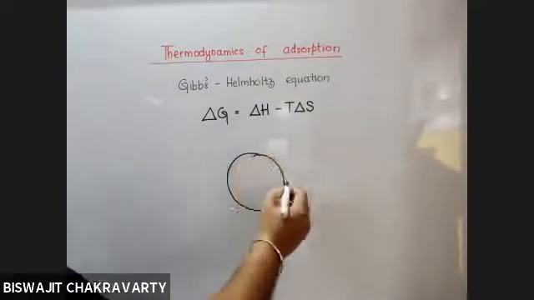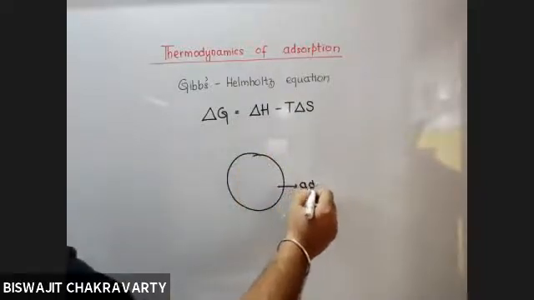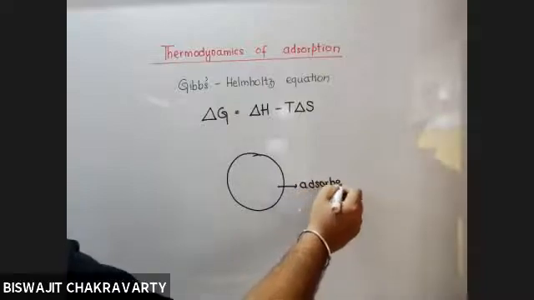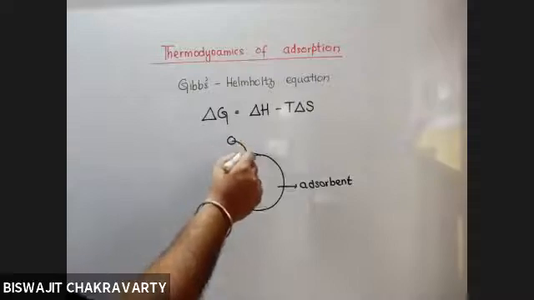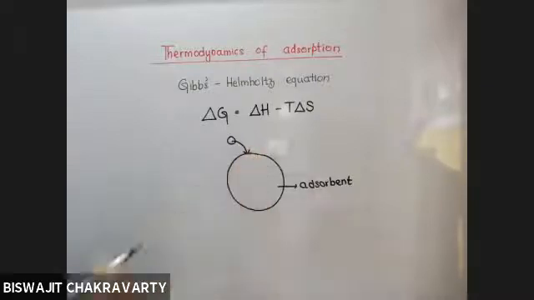When you have an adsorbent and the adsorbate is coming and sitting on the surface, my question to you is: is it coming on its own, or are you forcing it to do so? Adsorption comes on its own; you are not forcing it.